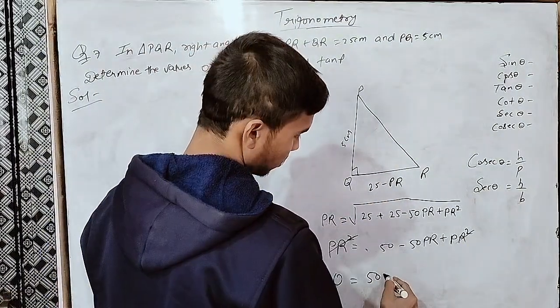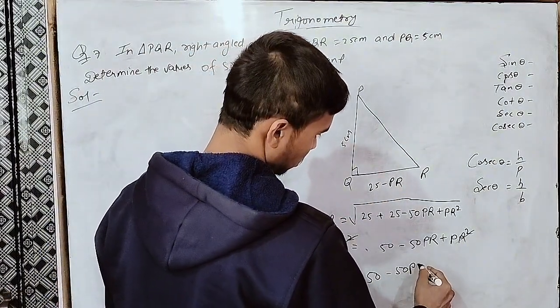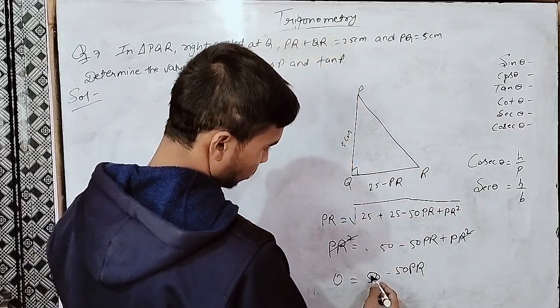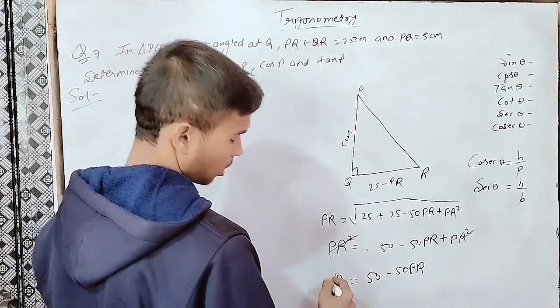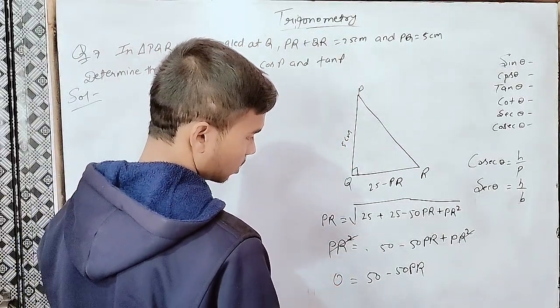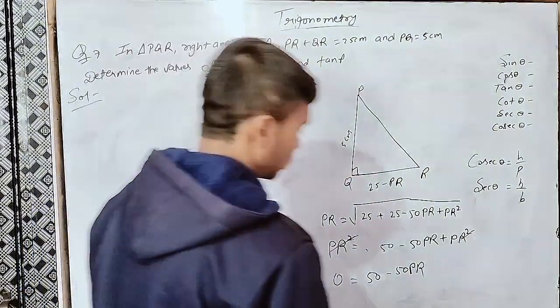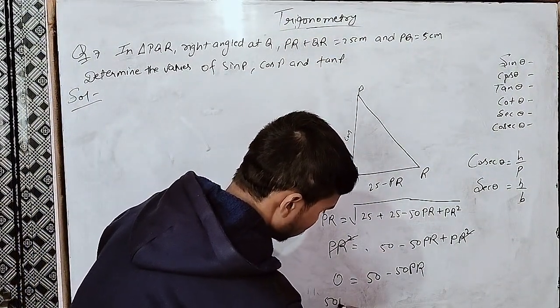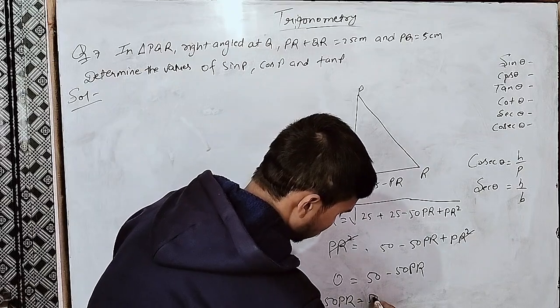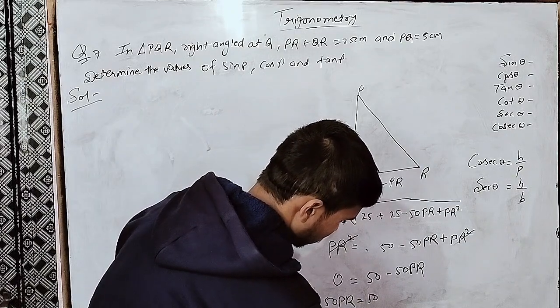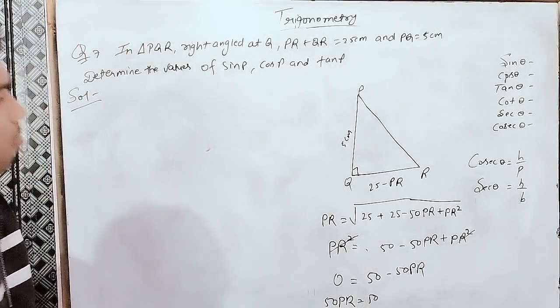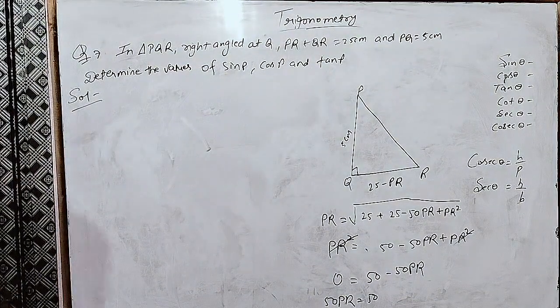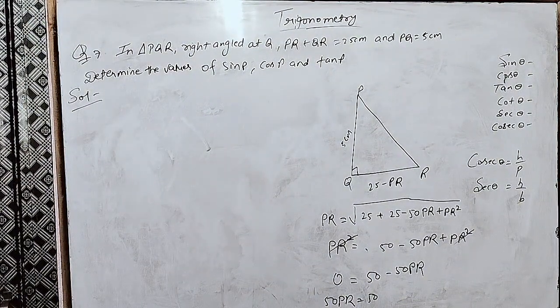Then we have 50 PR. No, it is wrong. Something is wrong.